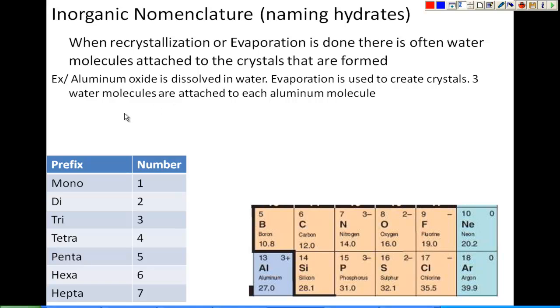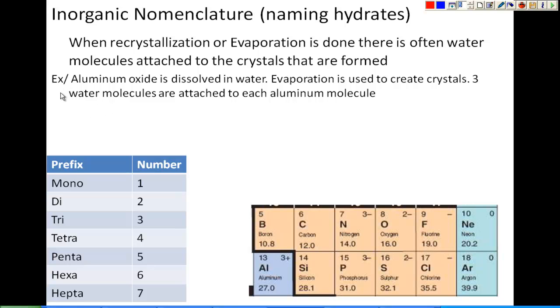And therefore we can also name these ionic structures when they have a water molecule or several water molecules attached to it. And this is called a hydrate, when some water molecules are attached to an ionic compound.